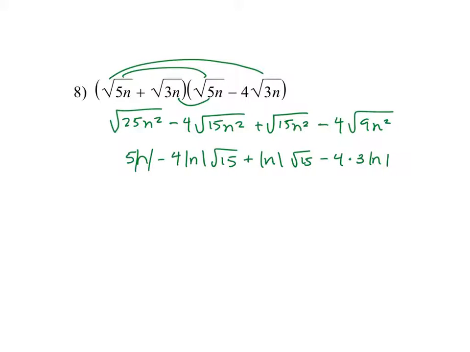So this one is 12. So I have 5 minus 12, because those are same terms, so negative 7 absolute value of n. Now this one I have this absolute value of n square root of 15, the same as here, so they are like terms. So negative 3 absolute value of n square root of 15.